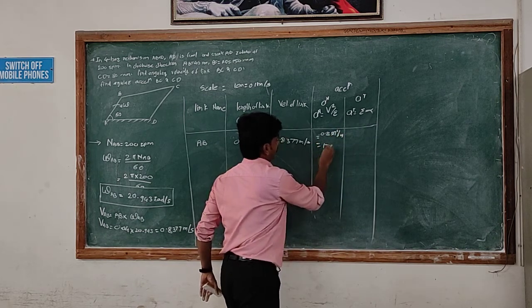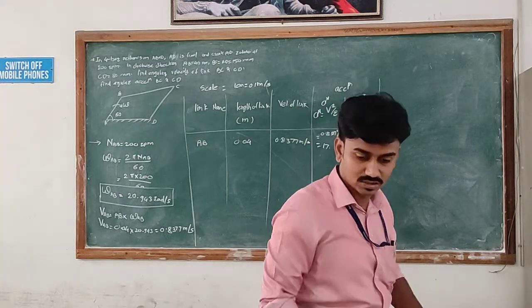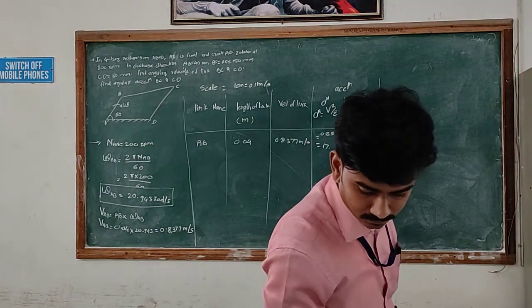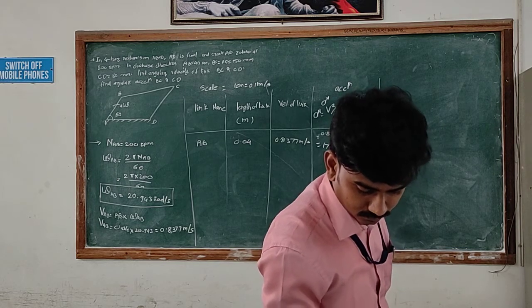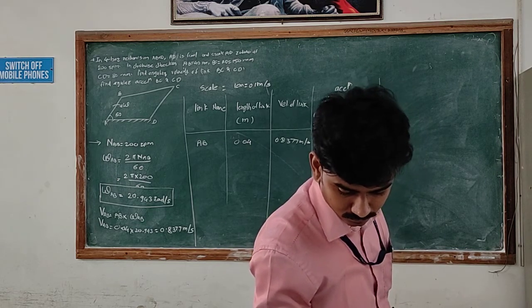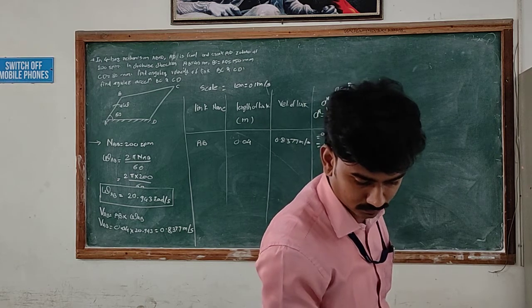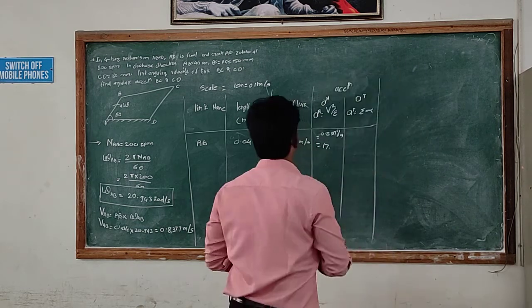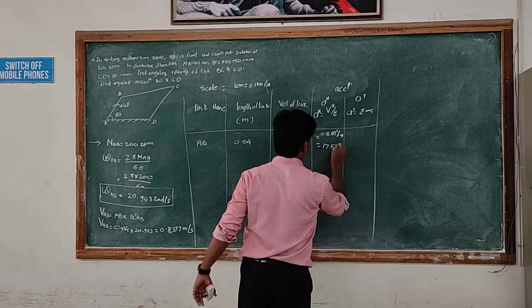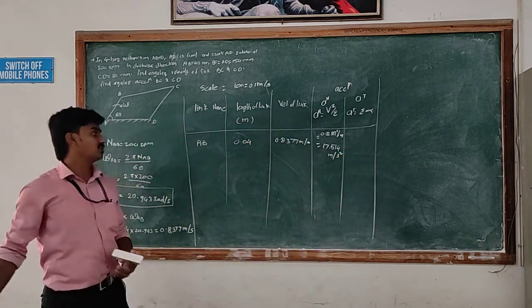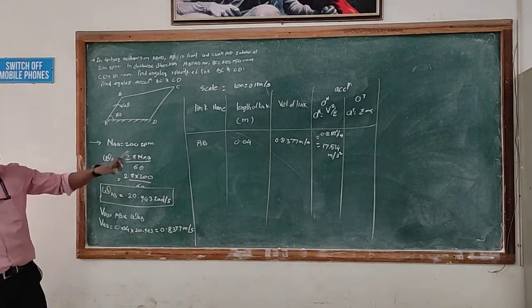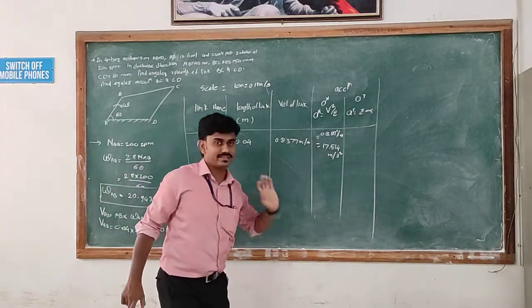It is equal to 17.514 meter per second square. So this is the normal acceleration.